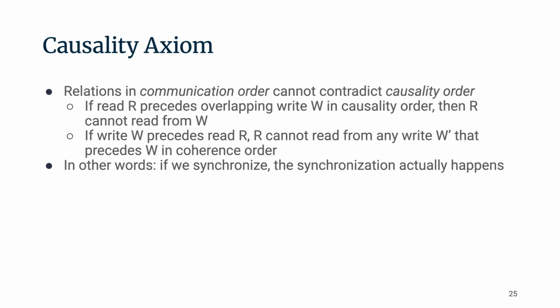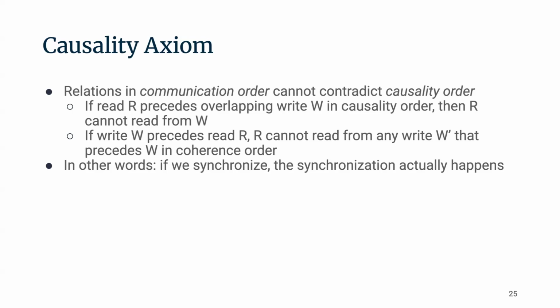And if a write precedes a read, then the read cannot read from any other write that happens before the write we talk about. In simple words, if we synchronize, the synchronization actually happens.